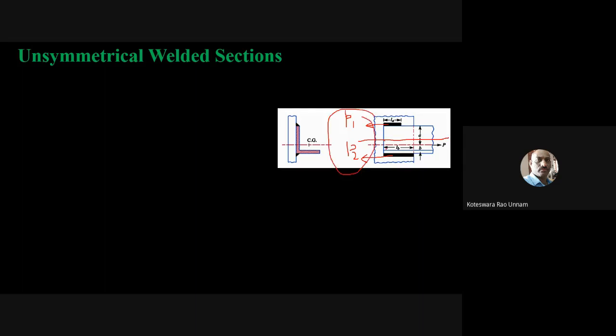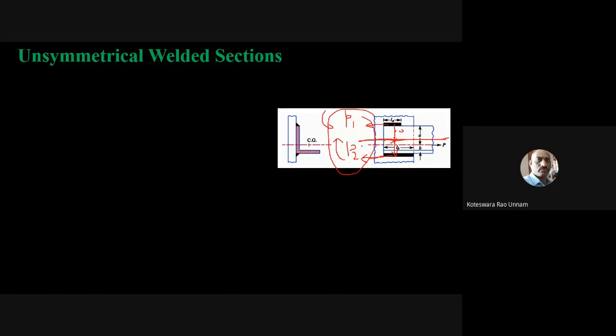If these two are equal, about the CG of the weld, the distance is going to be the same. This distance is the same and this distance is the same. Because of this P2 you have a moment in this direction, that is clockwise. Because of this P1 you have a moment in the anti-clockwise direction. Taking the total distance as L, the moments are P1 into L by 2 and P2 into L by 2.